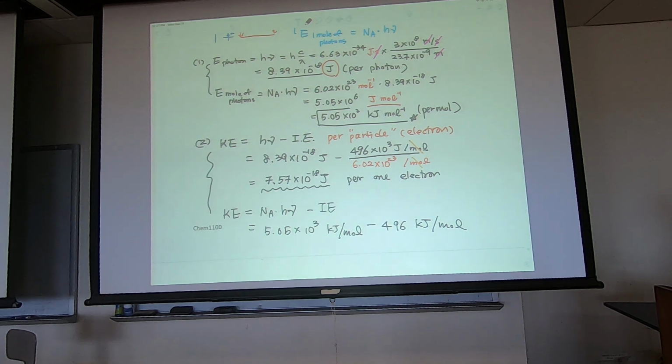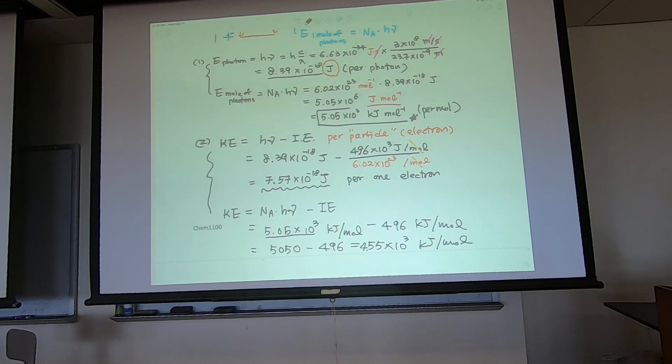And if you do that, I'll be careful when I deal with this number. 5050 minus 4 minus 6. You get 4.55 times 10 to the 3 kilojoules. Okay, so that's the answer for the second part.